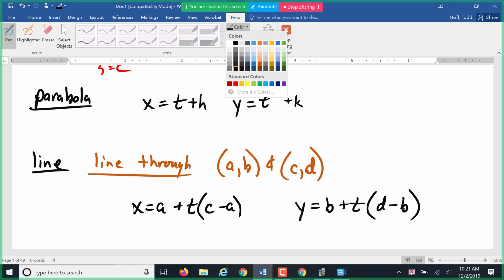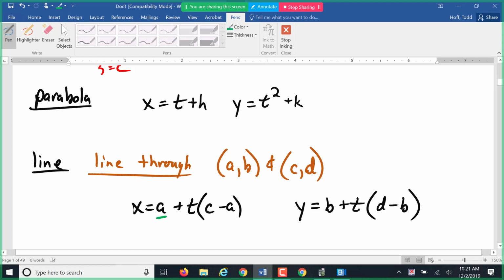And this is a starting point for x, and this is the rate of change of x. This is the starting point for y, and that's the rate of change for y.